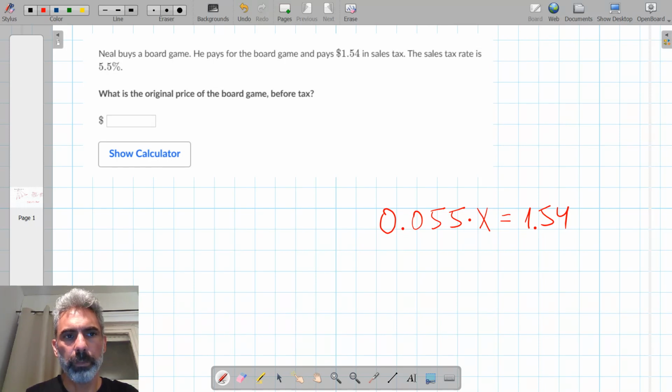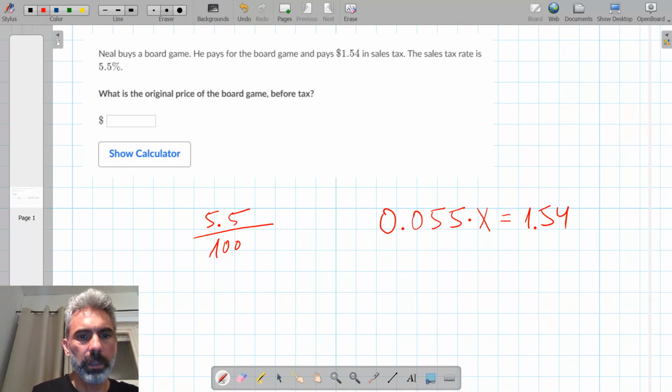Okay, 0.055 represents 5.5%. Because 5.5% is like 5.5 over 100, and if I shift the decimal point one place to the right, I multiply the numerator by 10 and multiply the denominator by 10, I get 55 thousandths, which is 0.055.